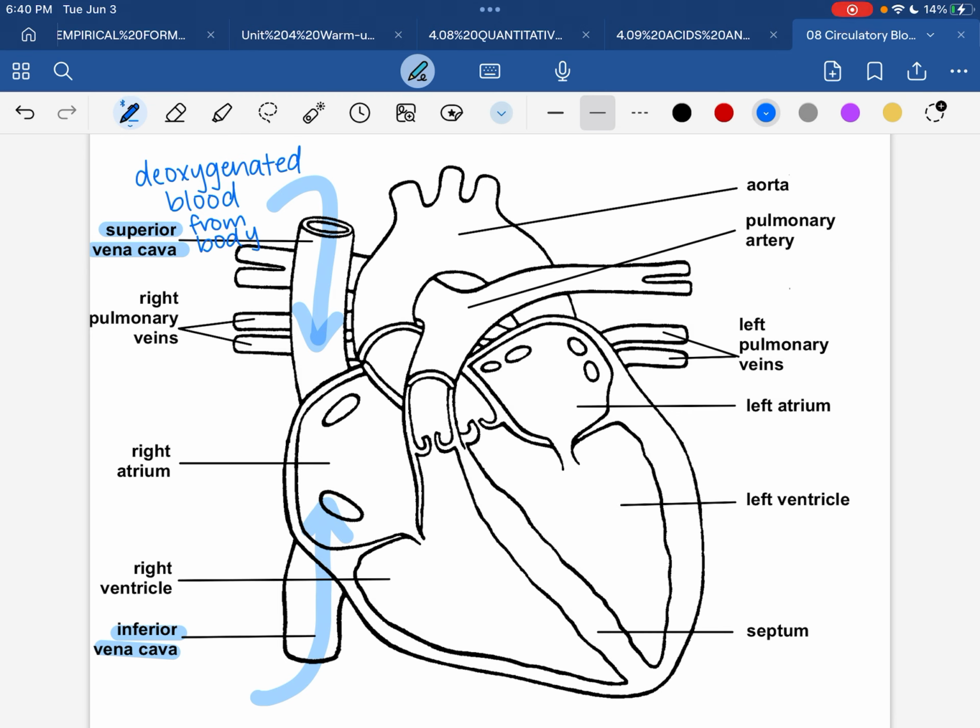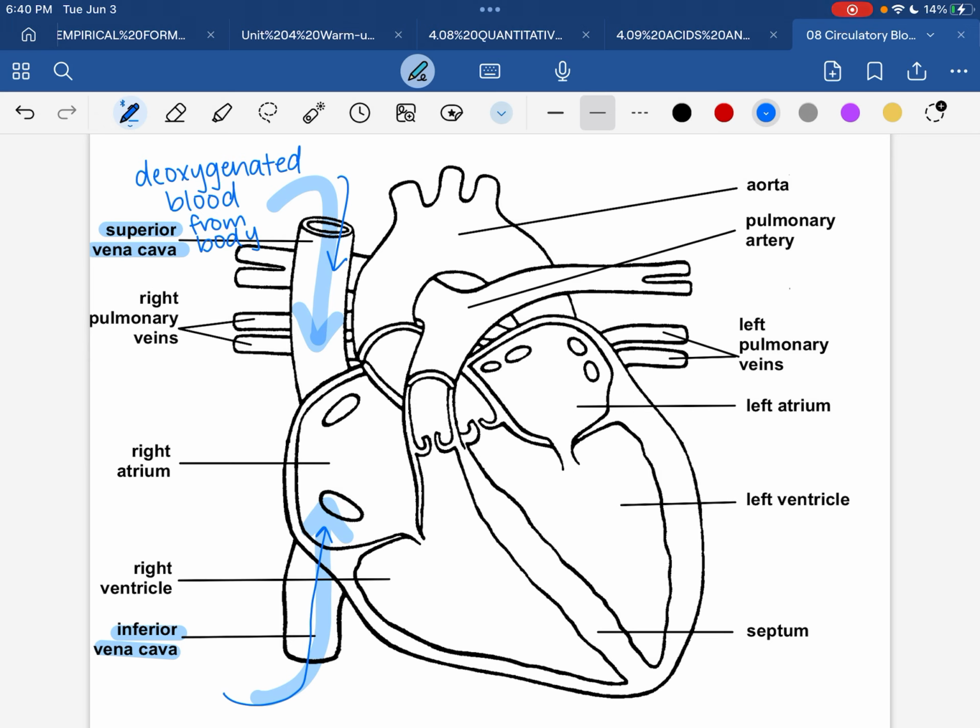The reason we have a superior vena cava and an inferior vena cava is because the superior one carries blood from the head, the brain, anything above your heart, your arms, whereas the inferior vena cava carries blood from the legs, the abdomen, anything that's below the heart. So both of them carry deoxygenated blood from the body, ready to be reoxygenated again.